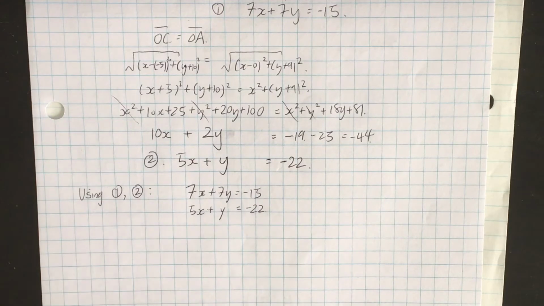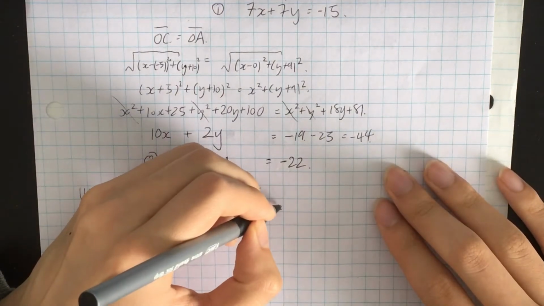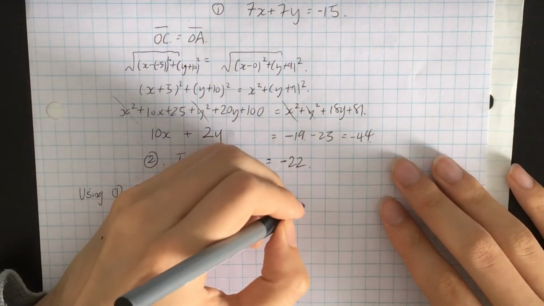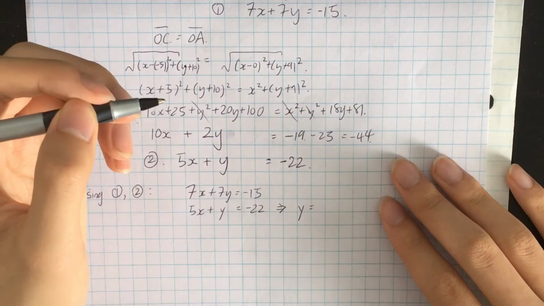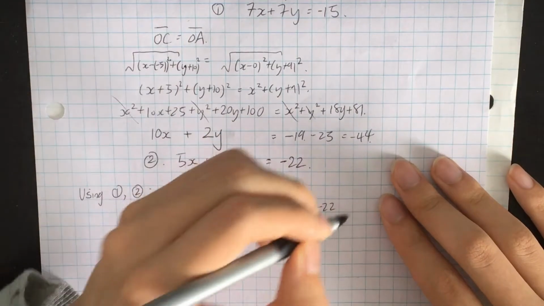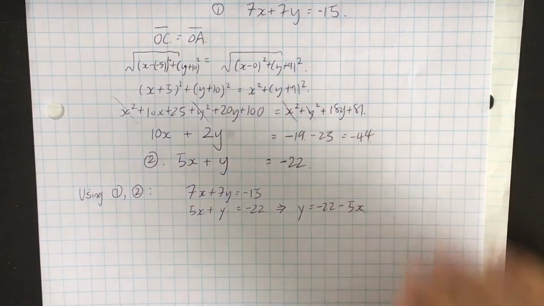Now to solve this, I think the easiest method would just be substitution. So we're going to rearrange this to be y equals negative 22 minus 5x.